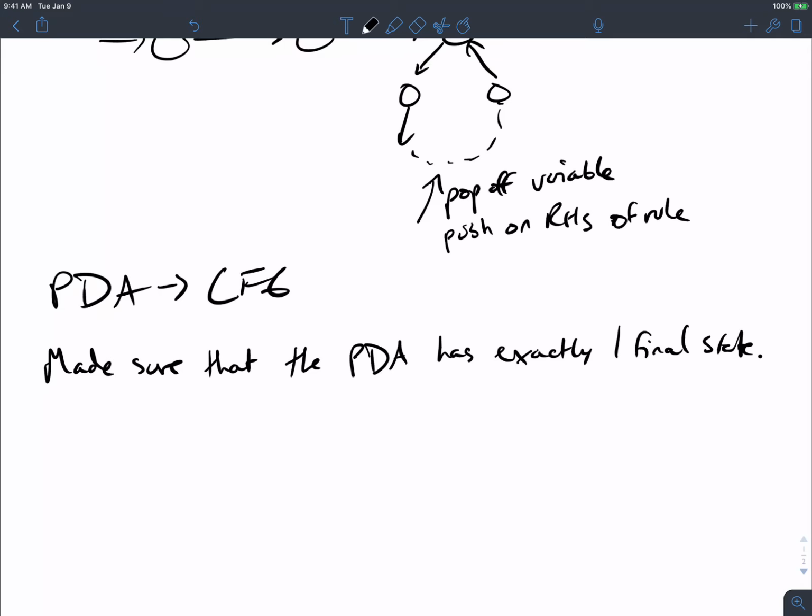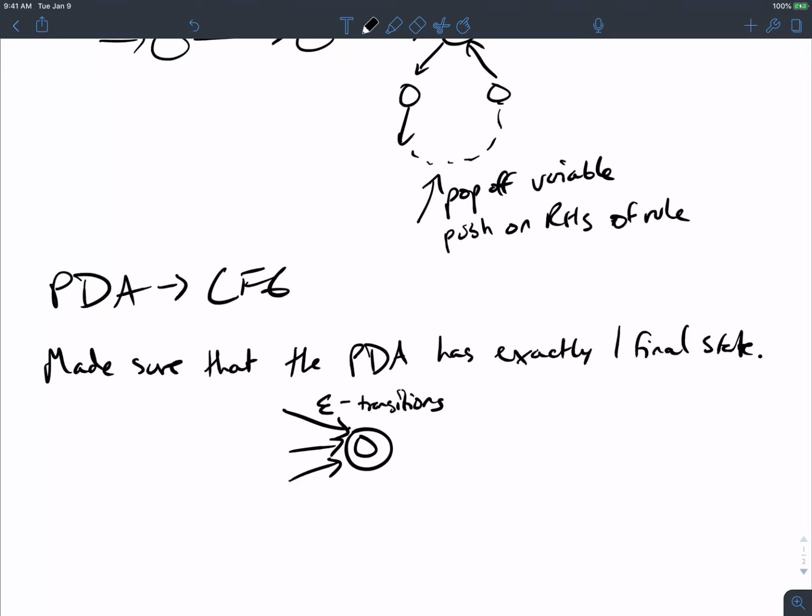And then we looked at the reasoning behind that. This new final state has no transitions coming out of it, and all of these are epsilon transitions. So I'm lying a little bit, but there are epsilon transitions that go to this new final state, and there's nothing leaving that final state.